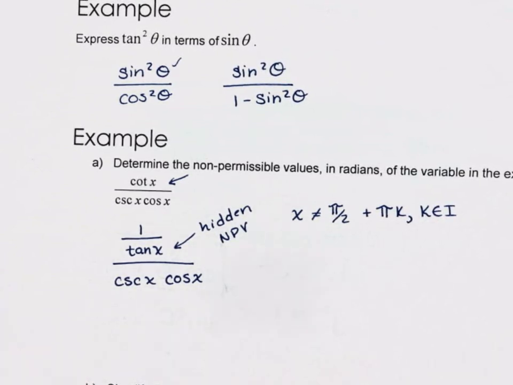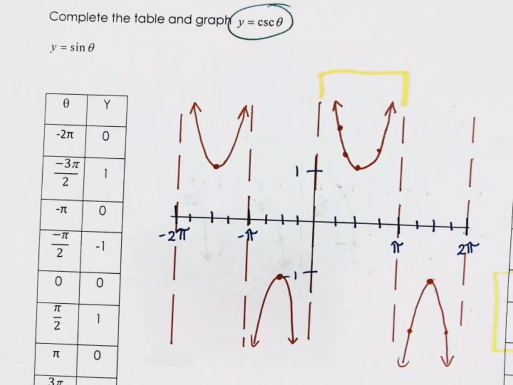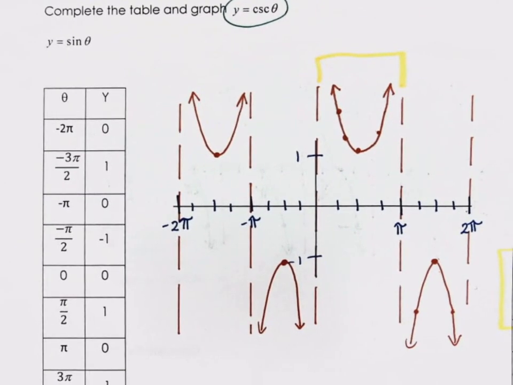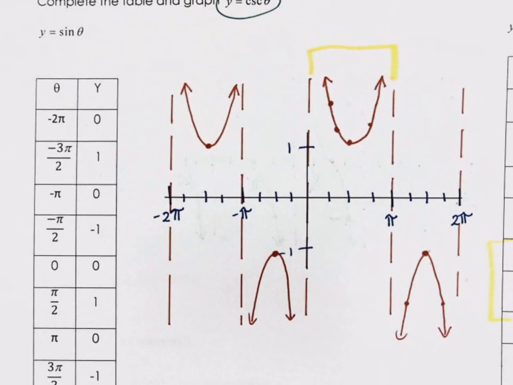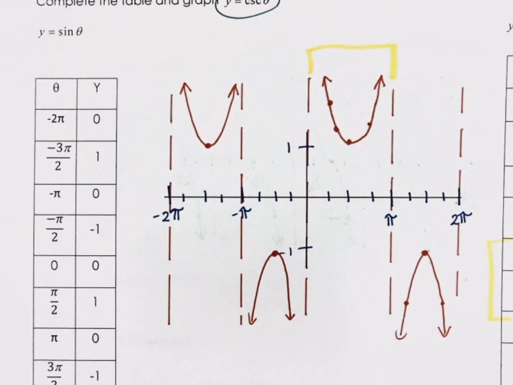Okay, so we did that one first. Cosecant. Just by chance, I have my cosecant here. I don't know why, I just have these two and I don't know where secant is. Where's the first place with my asymptotes? Pi or 0, either one will work if you like pi as well.